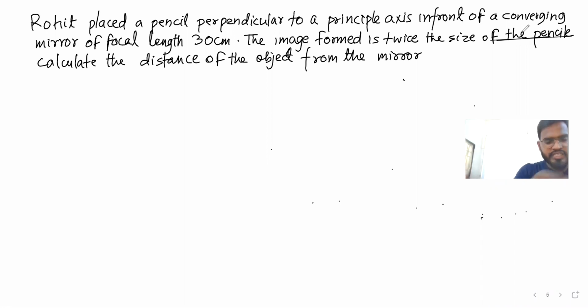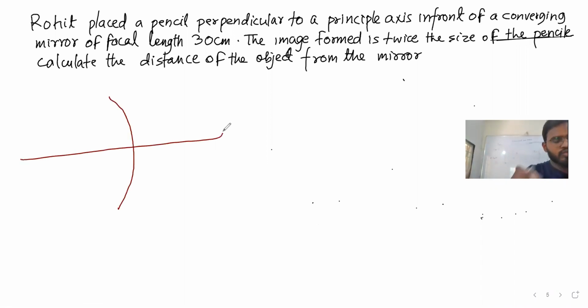Okay, so we can consider it now like this. One case is, guys, the focal length is 30 centimeter, and they're asking where Rohit places the pencil in front of the converging mirror.